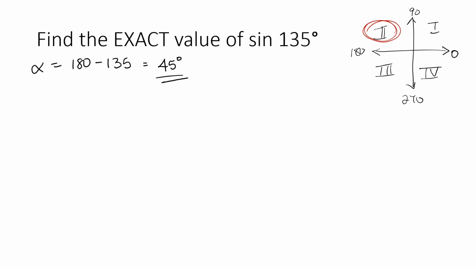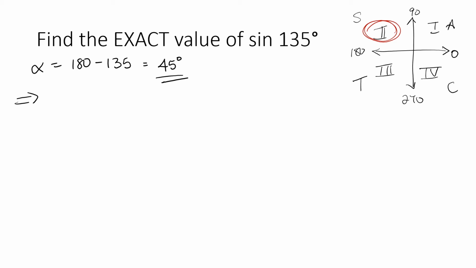Now, in which quadrant is sine positive? If we remember, all ratios are positive here, sine is the only positive here, tangent is positive here, and cosine is positive here. So sine 135 is positive.